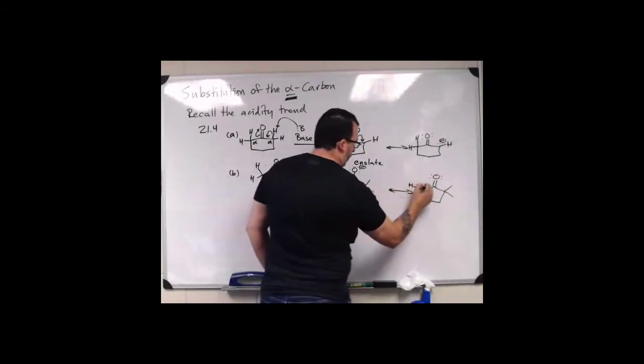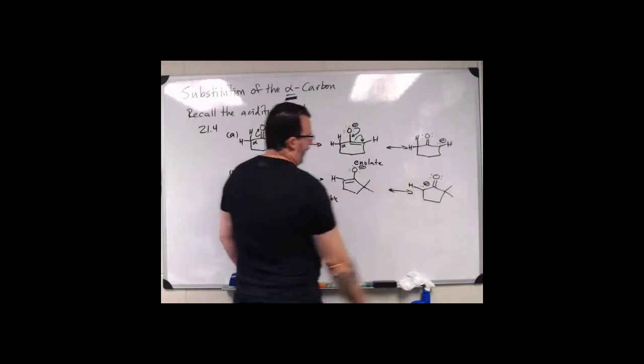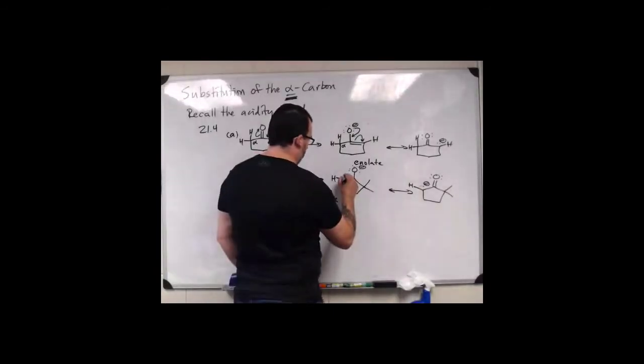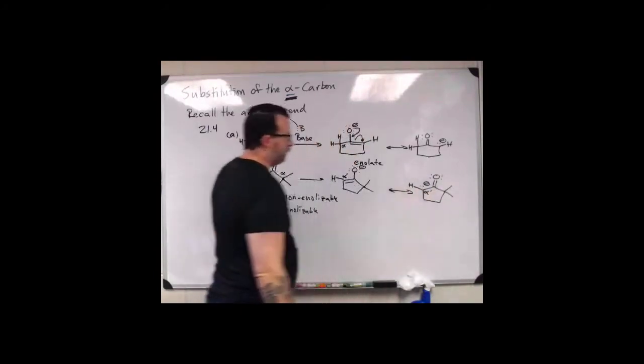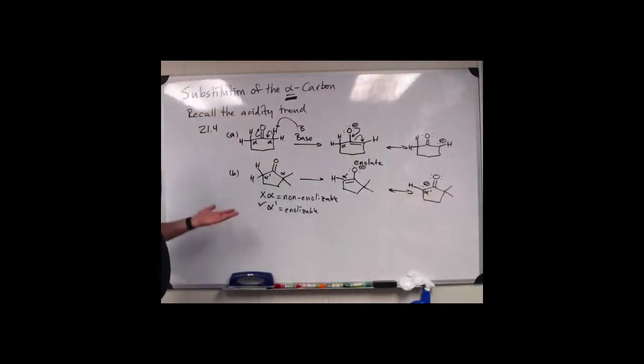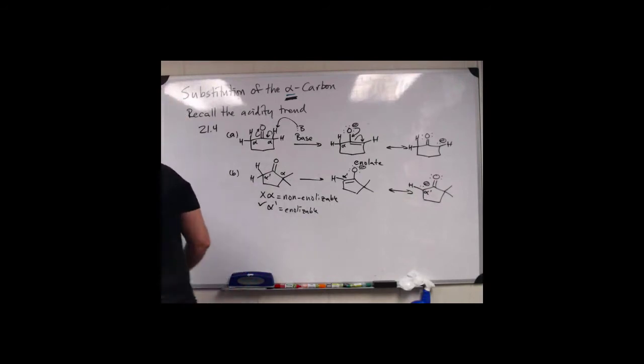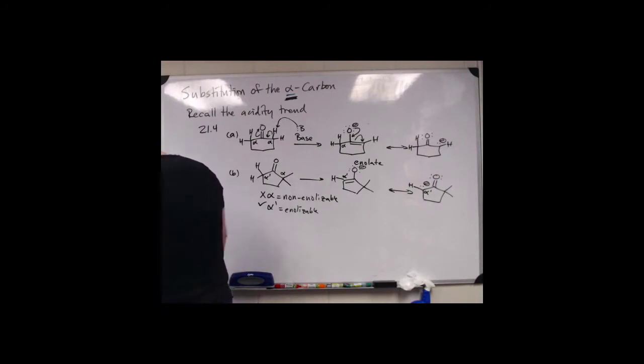Put the negative charge actually on the alpha prime carbon there. So that's one skill that you need to be good at during this module, is just identifying the alpha carbon and if it's enolizable. So we'll run through C and D real quick here.